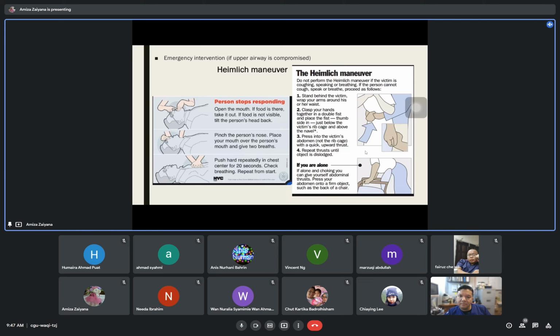Push hard repeatedly in the center of the chest for 20 seconds and check breathing.